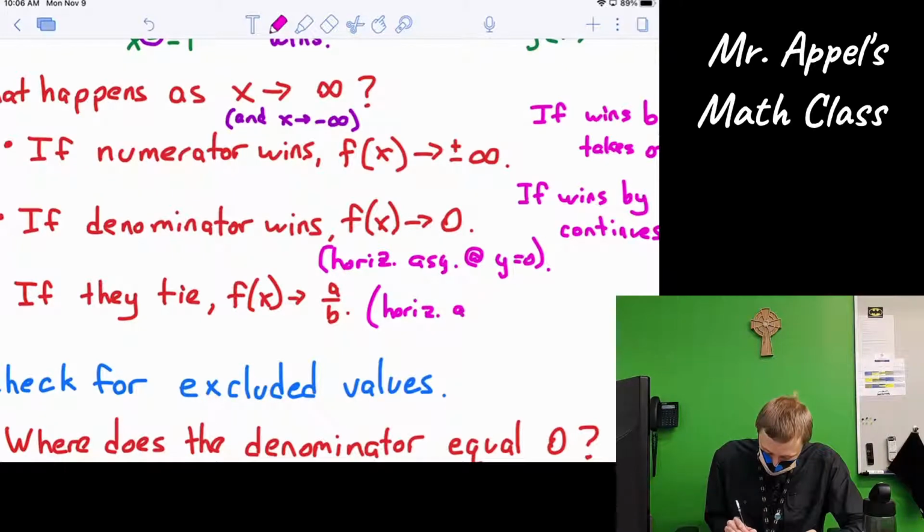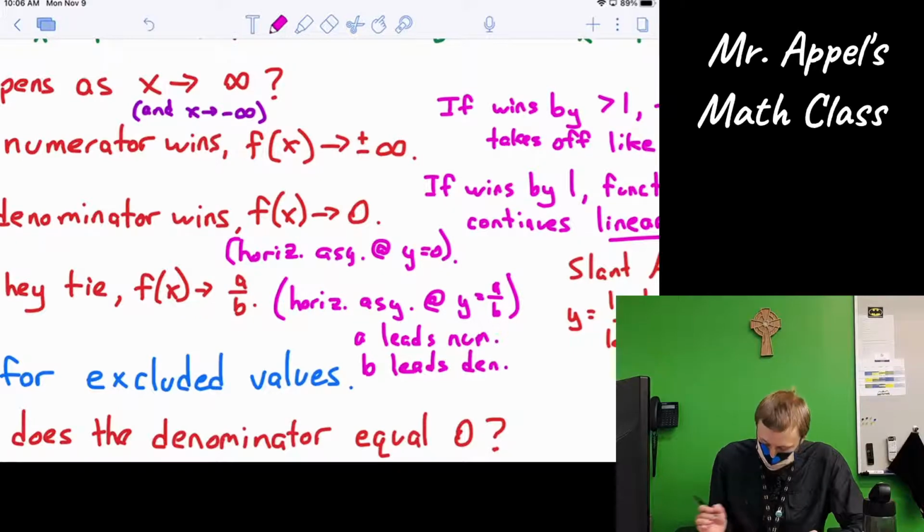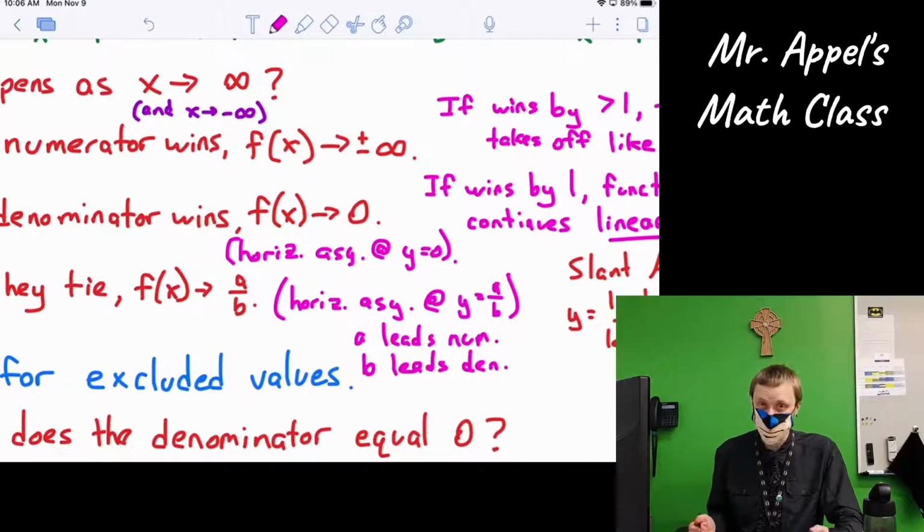So again, a horizontal asymptote at y equals A over B, where A leads the numerator and B leads the denominator. Clearly, I should have left myself a little more room.